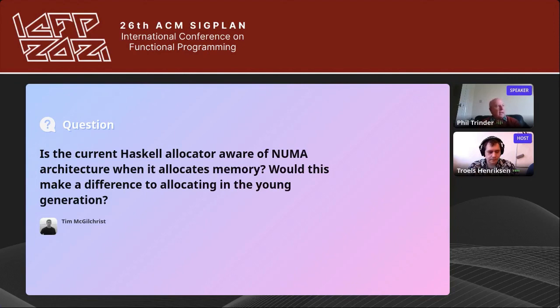And the allocator allocates for Spark threads, all the allocation is done into the local region. So yes, GHC Haskell allocation is NUMA aware. It's done locally.